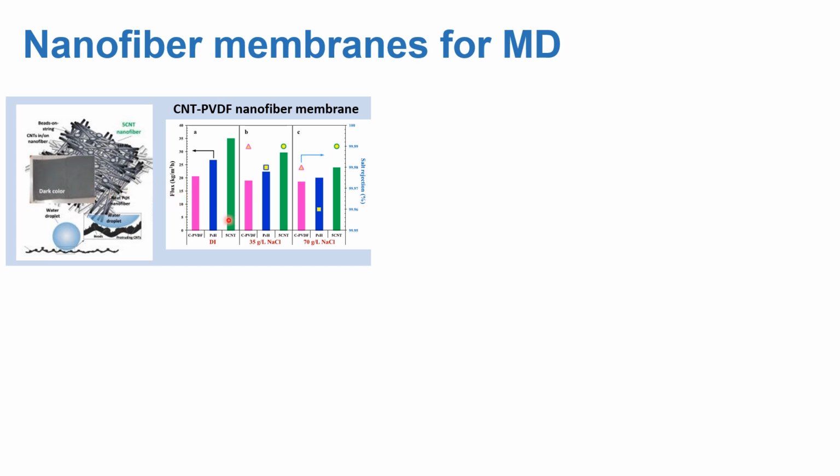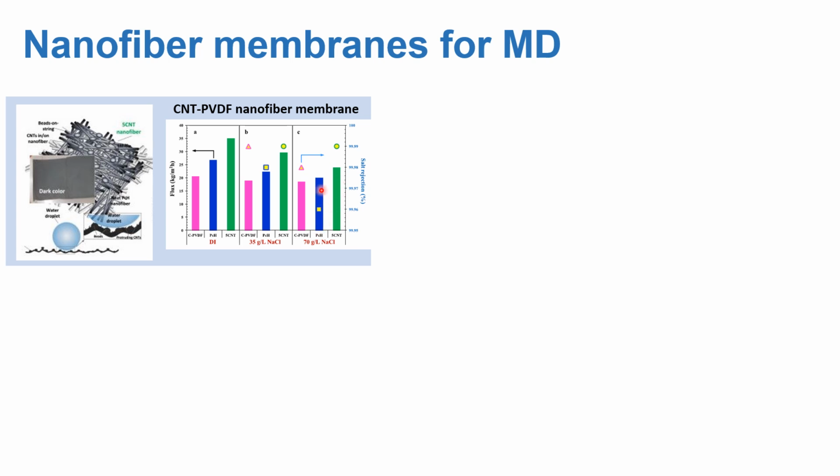And then we tested various feed water with this carbon nanotube membrane. We tested deionized water, a 35 grams per liter sodium chloride solution, which is like a seawater concentration, and then a 70 grams per liter sodium chloride concentration. The green one is the one with carbon nanotube at 5.8%.